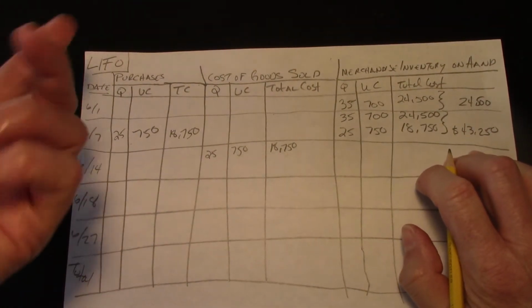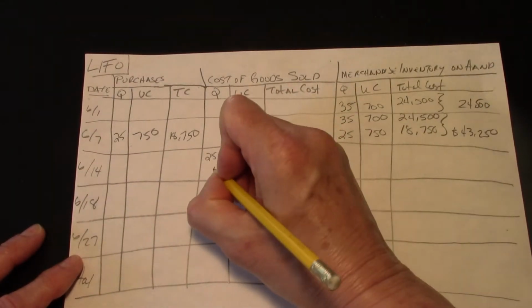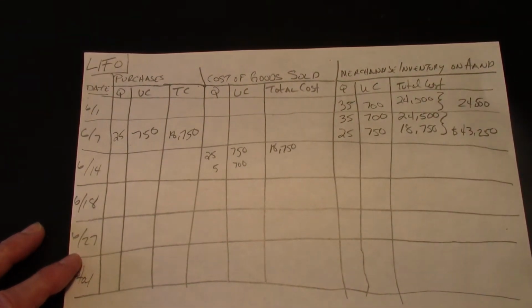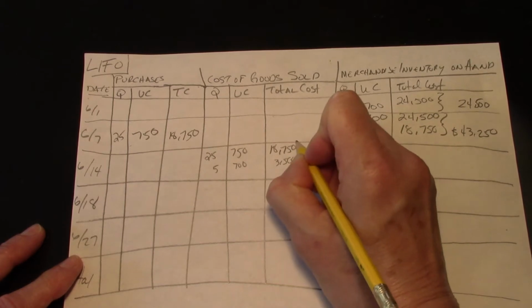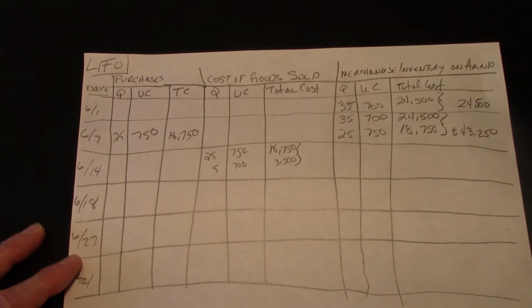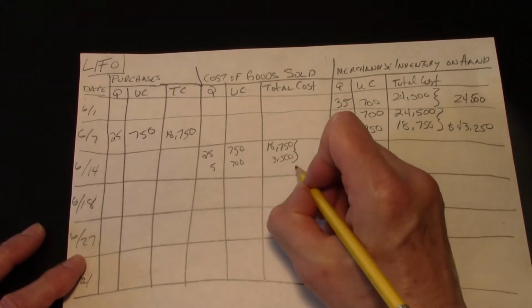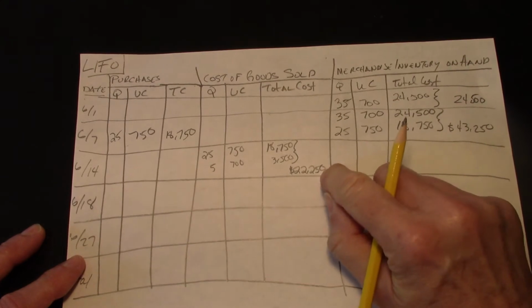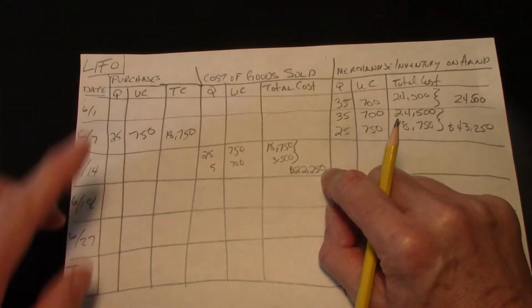But we still need 5 more sofas to get to 30, so we're going to sell 5 of those. 5 at 700 is 3,500, right? And of course you add that up, and your total cost of goods sold for that sale is 22,250. Alright, so this is our cost of goods sold for that sale using the LIFO method.